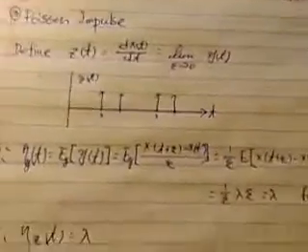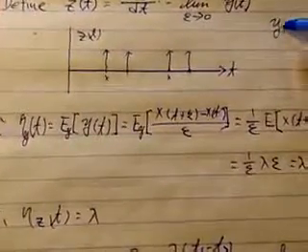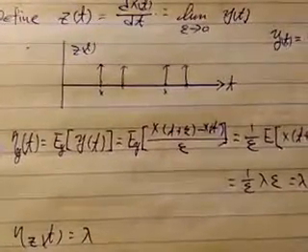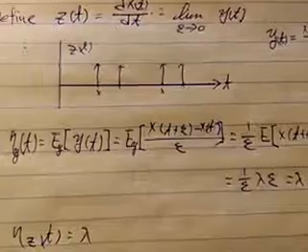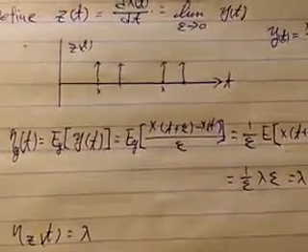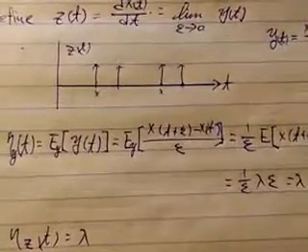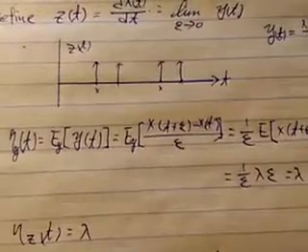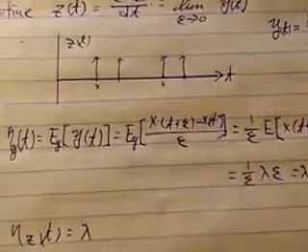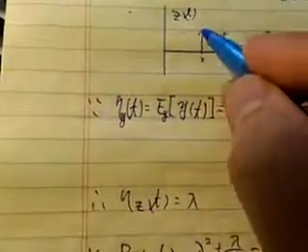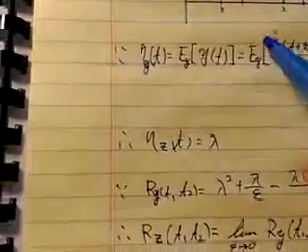When the original y of t equals x of t plus epsilon minus x of t over epsilon, if epsilon is close to 0, the whole thing becomes like an impulse. This is a Poisson impulse.